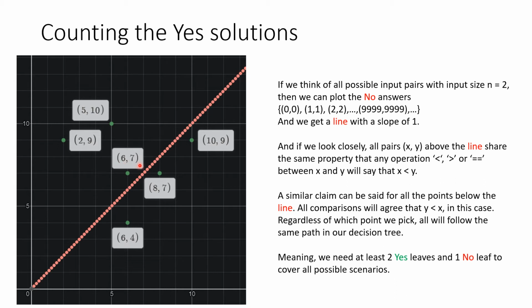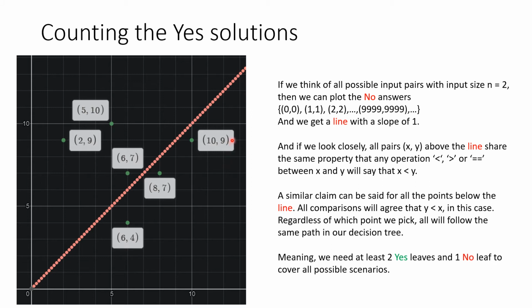So if we ask, is x less than y, or x greater than y, or x equal to y, we will always get the same answer for any point above the line. Same thing we can say for the other side of the line.